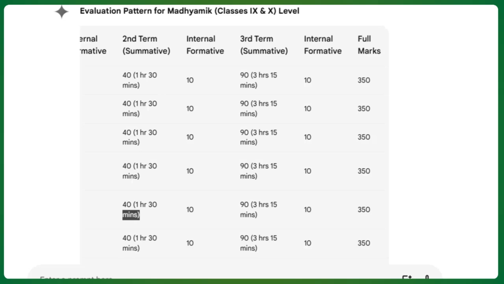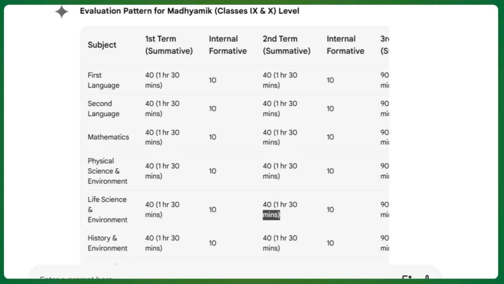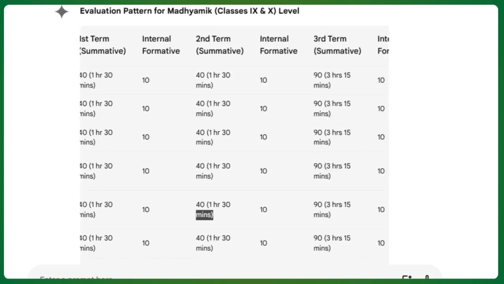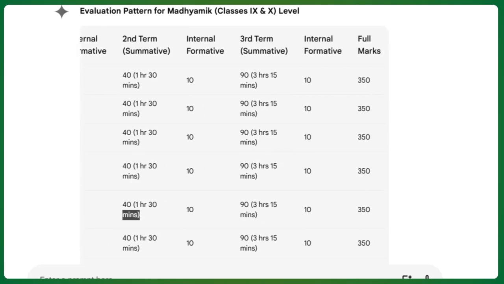So full marks is actually 90 plus 10, 100, 40 plus 10, 50, 40 plus 10, 50. So 50, 50, 100. And here you see 40 plus 10, 50, 40 plus 10, 50, 90 plus 10, 100. So 150, 50, 200, it should be. Why full marks 350? I cannot understand here.